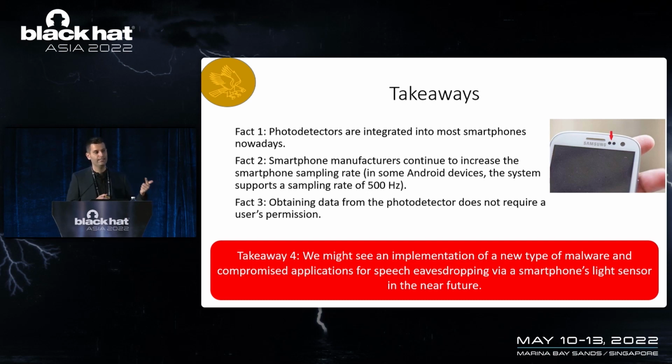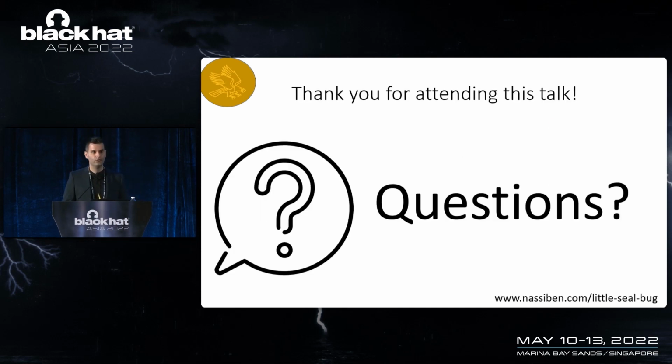They allow a sufficient sampling rate, or are probably going to allow a more sufficient sampling rate in the next few years. And also, obtaining this data doesn't even require declaring it in the manifest of the Android application.